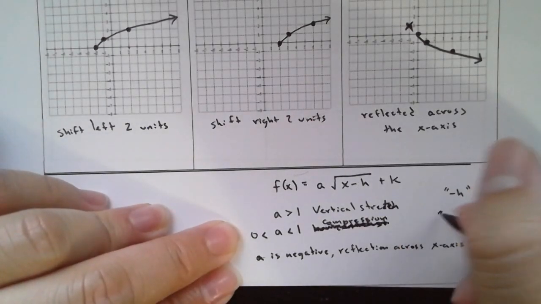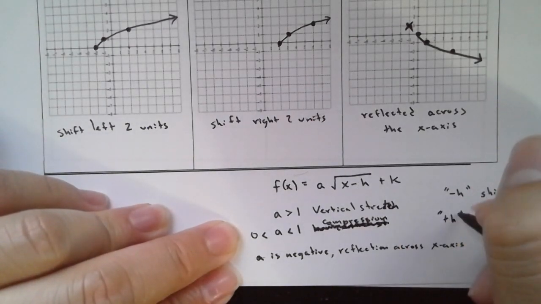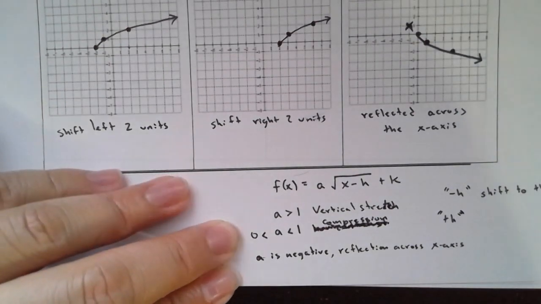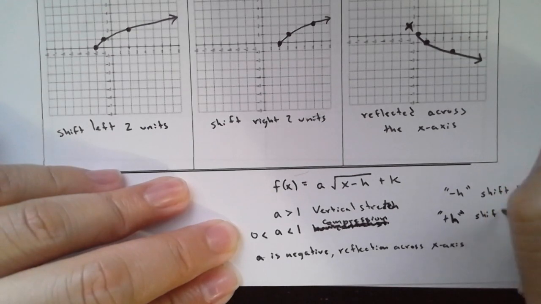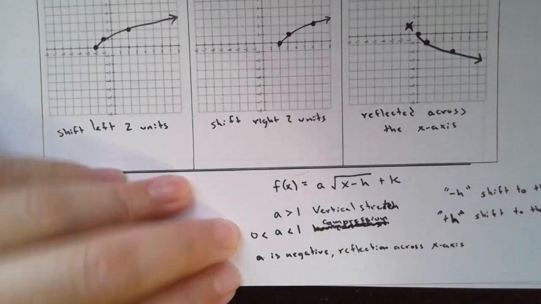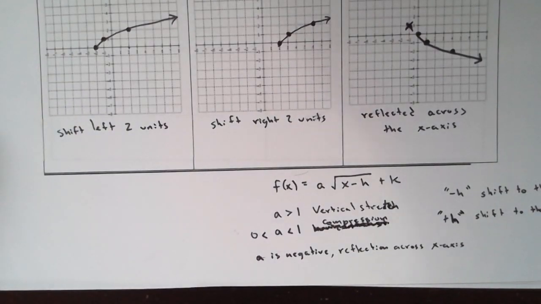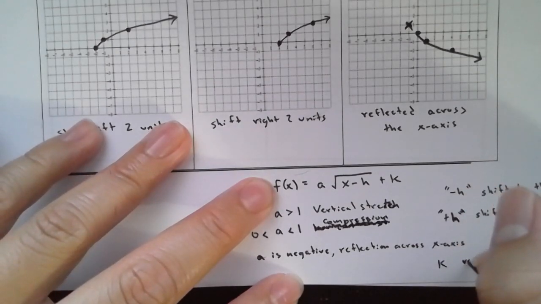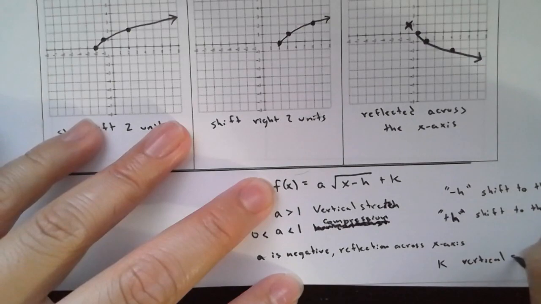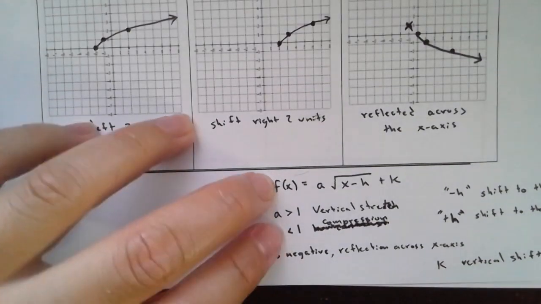So if you have a plus h, you have a shift to the left. Oh no, wait, one more. What does k do? K is your vertical shift. Whoops, just realized I'm outside of frame here.